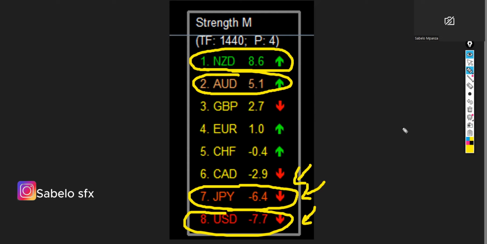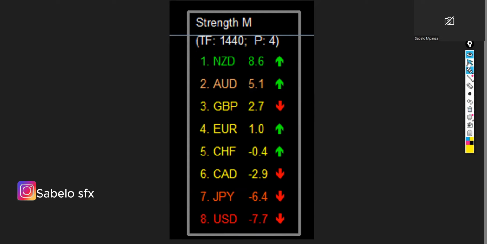So now you know how this works. You know when to buy, when to sell. But the currencies that are in between, we do not touch them. We don't trade them because they are neutral. They are moving sideways. There is no way that we can trade them.